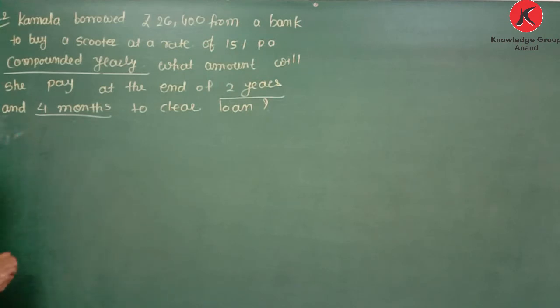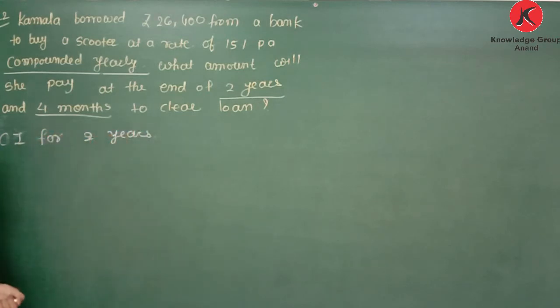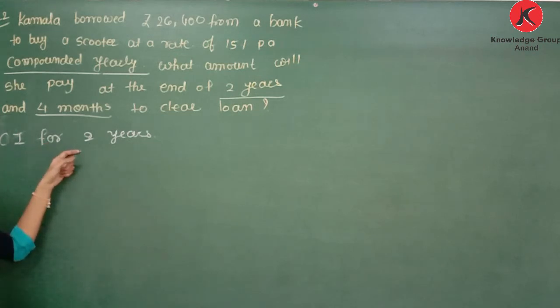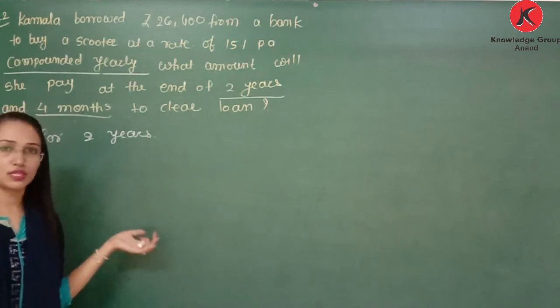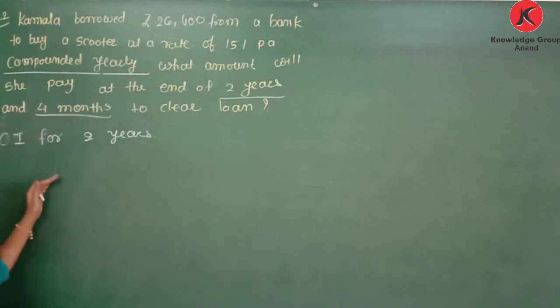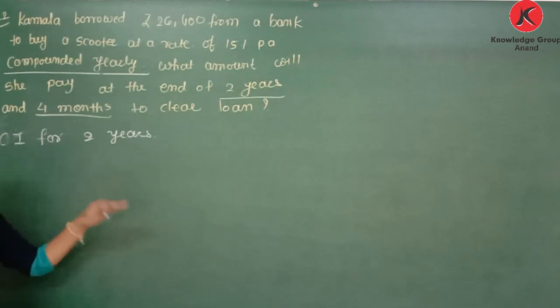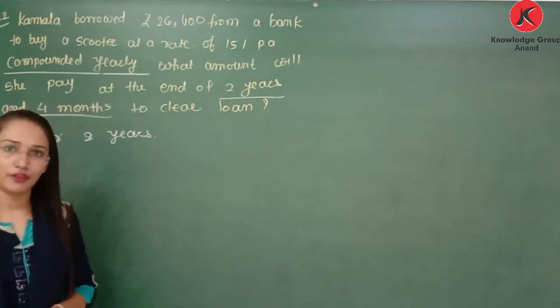Clear? So let's start with the compound interest for 2 years. If we use the amount of these 2 years in the next 4 months, then it is the same as compound interest. Why? Because we use the equation of simple interest to find the compound interest by taking the amount of the previous year as the principal of the next year.